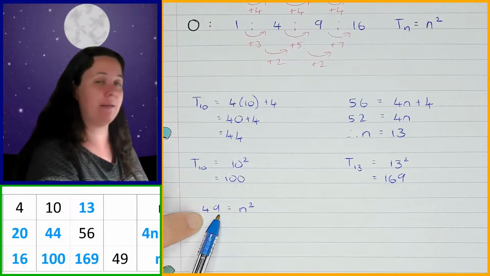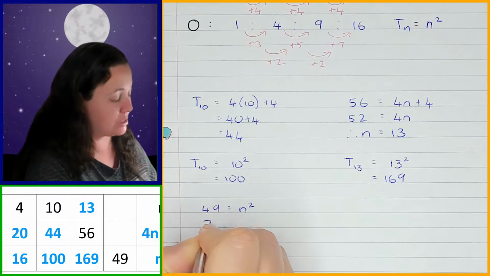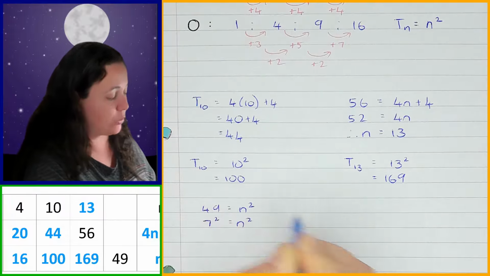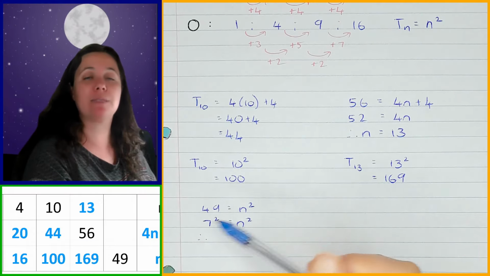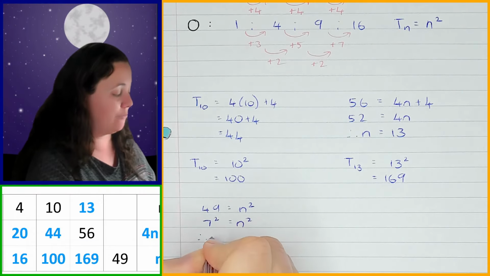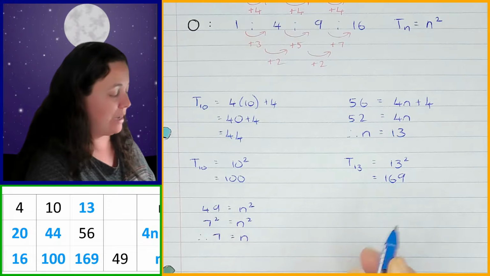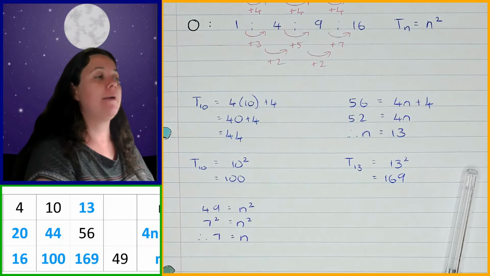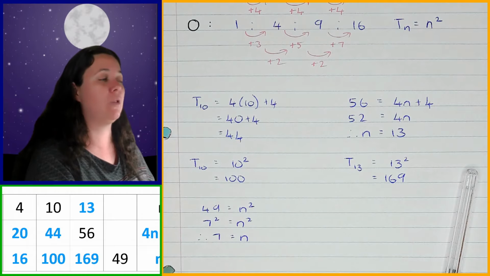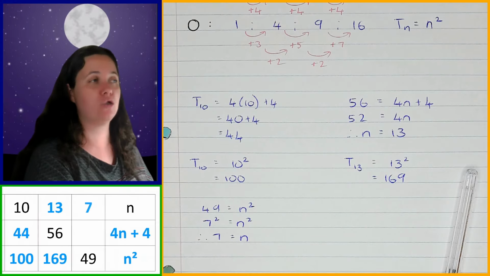So 49 is the same as 7 squared equals n squared. So now because I've got the same exponents, I can now drop them, and I can say therefore 7 is equal to n, or n is 7. So the structure that will have 49 white dots is the 7th structure.